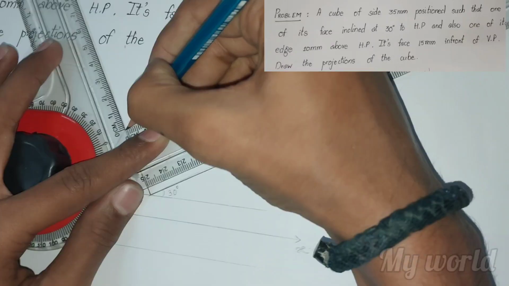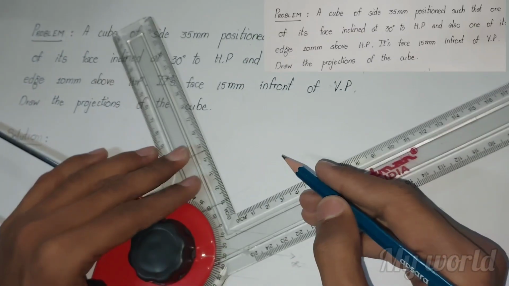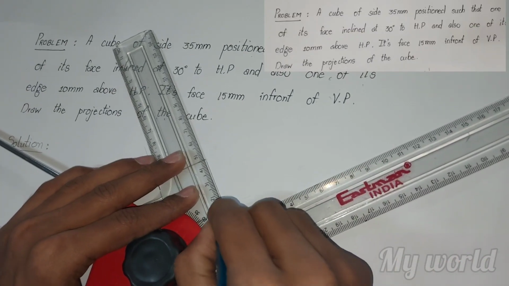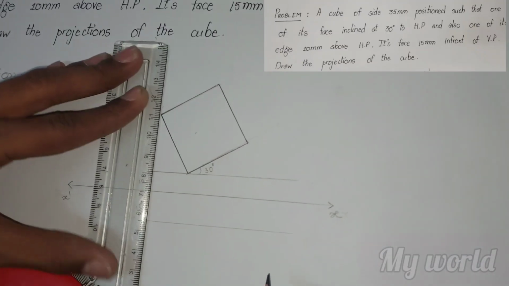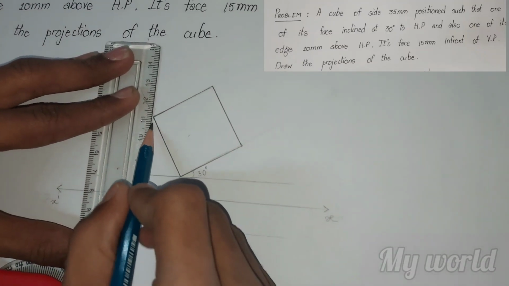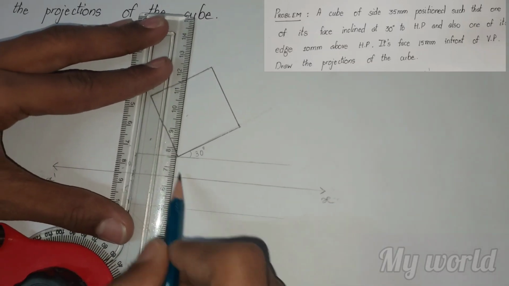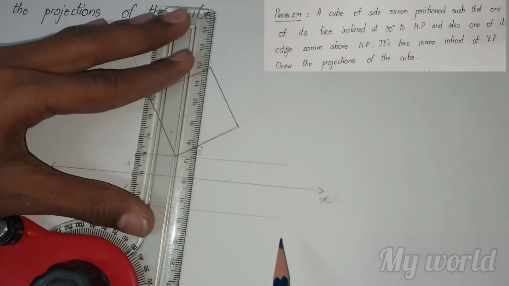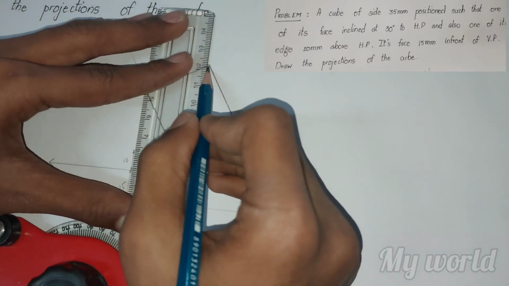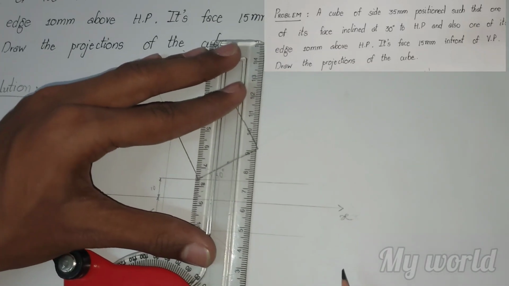Always remember, the views must always be drawn darkly, and the reference line must be very light in shade. Now to get the top view, we have to project all the front view lines towards below the axis line. See, like this. Every point of the lines of the front view must be projected downwards.